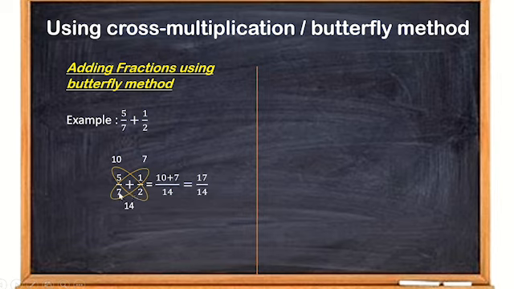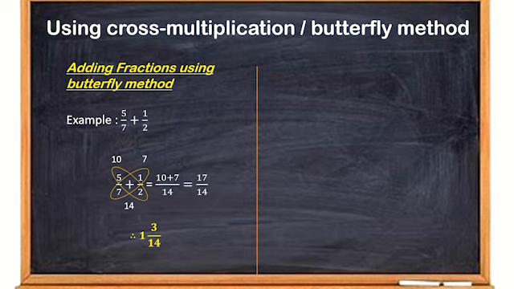So 7 times 2 is 14, so therefore our denominator is 14. Now 10 plus 7 equals 17, and the new fraction formed is 17 over 14. And again, the fraction formed is an improper fraction, so we need to simplify this fraction in quotient remainder by divisor form. So therefore, the new fraction formed is 1 whole 3 over 14.